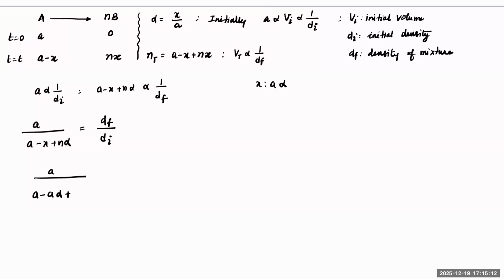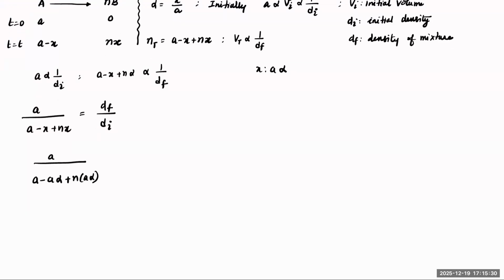Sorry, this is not alpha, this is Nx here. So N into A alpha. Okay. Right. So that is A minus A alpha plus N A alpha, that is equal to D final by D initial.